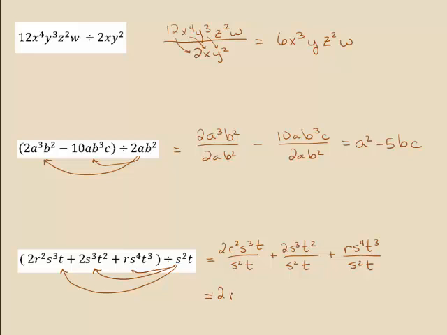The r has nothing to interact with, so it stays the same. 3 minus 2 is 1. The t's cancel. 3 minus 2 is 1. 2 minus 1 is 1. Again, the r has nothing to interact with. 4 minus 2 is 2. 3 minus 1 is 2. So this is how you'll divide polynomials by monomials.